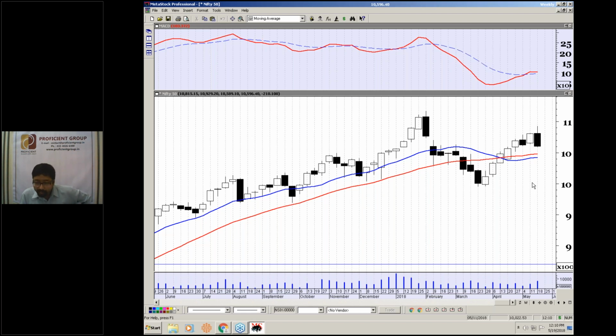I will tell you more about it when we learn about candlestick formations, so I'm not giving you the details of this particular formation. It has a certain name, but nevertheless, there is a high possibility that prices have already made an intermediate top, and we are expecting lower prices ahead in Nifty because of certain price candlestick formations, right?